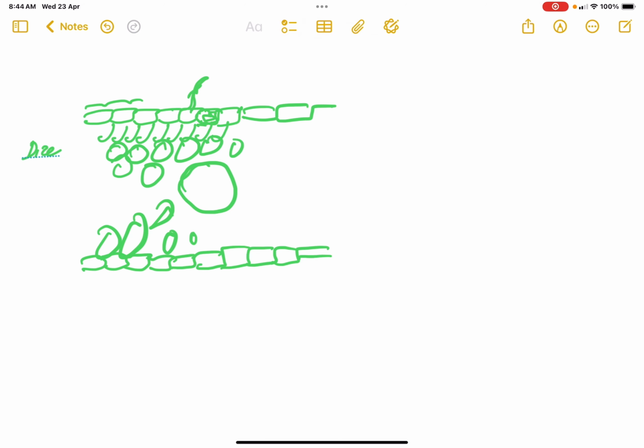The third tissue system in the leaf anatomy is the conductive or vascular tissue system, which possesses vascular bundles, xylem and phloem for the conduction of water and minerals. These vascular bundles are surrounded by bundle sheath cells. In plants of dry tropical regions with Kranz anatomy, the vascular bundles are specialized.